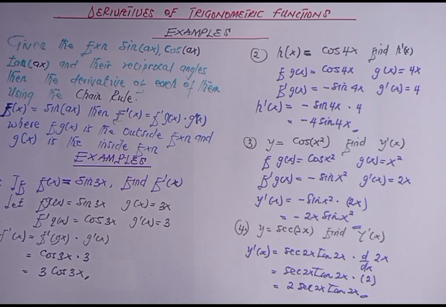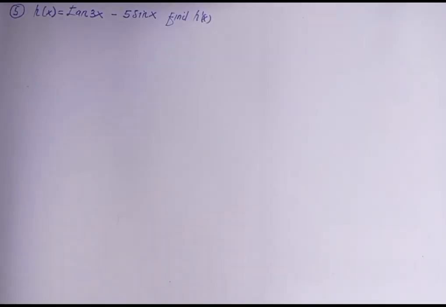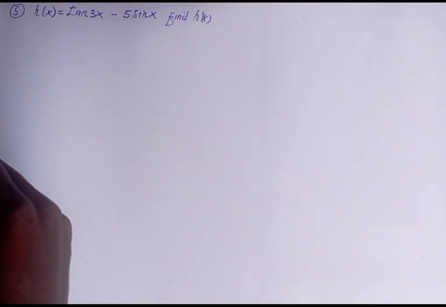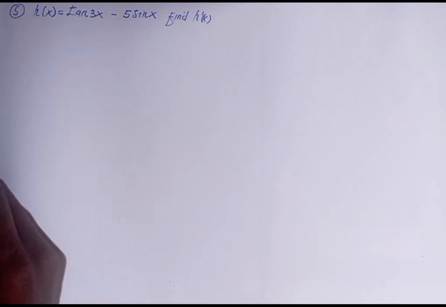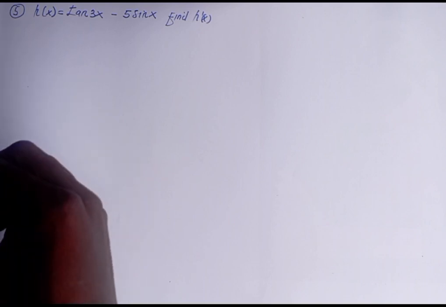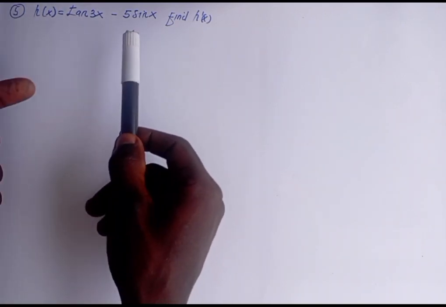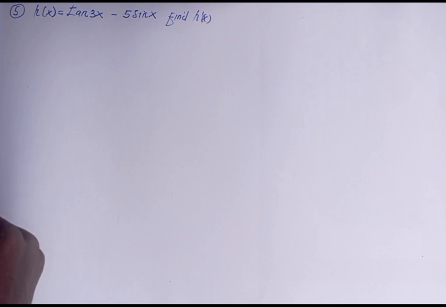Let's take more examples. In this example, to find the derivative, we are going to differentiate each of the functions term-wise. So when we take tan 3x, we differentiate it. When we take 5 sin x, we differentiate that. So we are just going to do just that. Good.